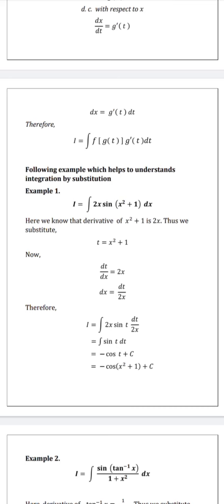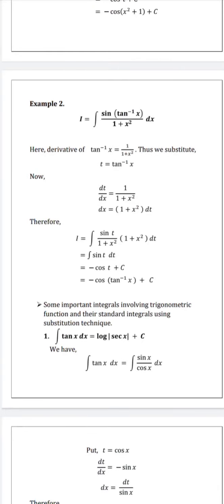Therefore, the initial equation is transformed: I equals integration of 2x sin t into dt by 2x. Thus, we get integration of sin t dt. We know that integration of sin is minus cos. So, the integration of sin t is minus cos t plus c. Now, we put the value of t and get minus cos(x square plus 1) plus c.